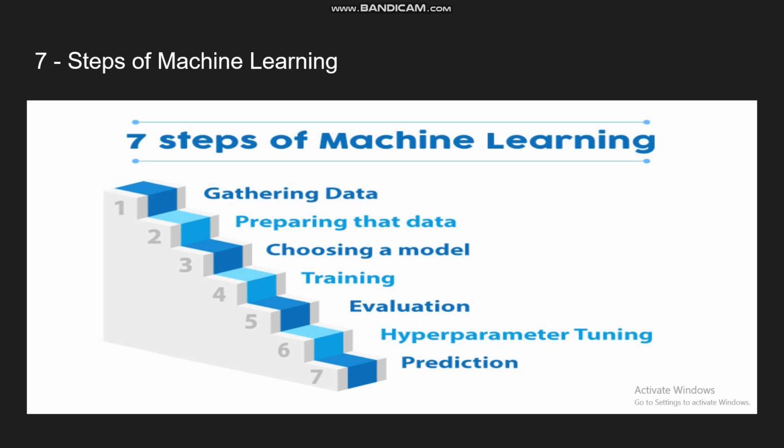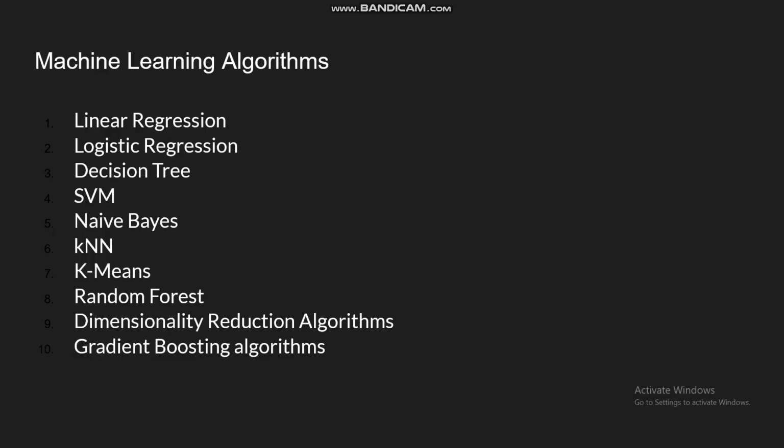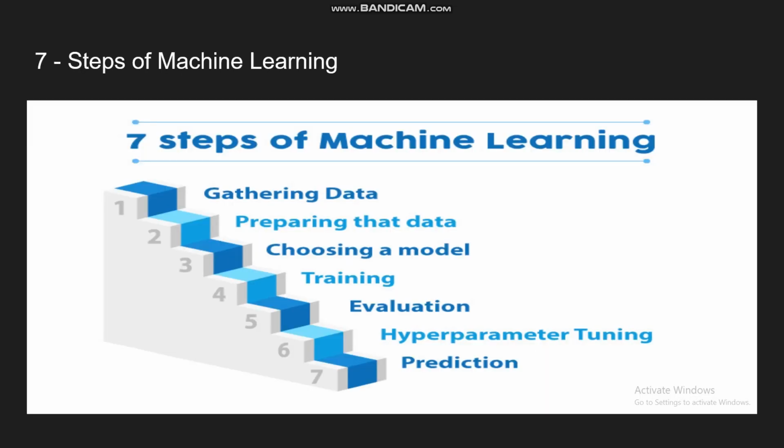So which model we choose depends upon the data set: whether it is for classification or for predicting a continuous value like house price. There are many algorithms, like linear regression, logistic regression, decision tree, SVM, and so on. I will make a separate video for each algorithm and perform the practical part with a different data set for each. So this was about choosing a model.